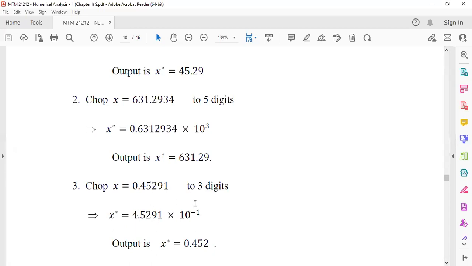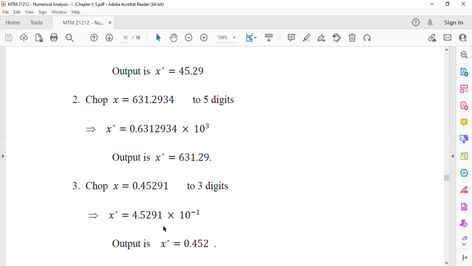This one is very easy. It's already in fixed point form without the multiplication of 10 power. So they are making it into floating point. You can write it like 45 point something times 10 to the power minus 2, this is also fine.